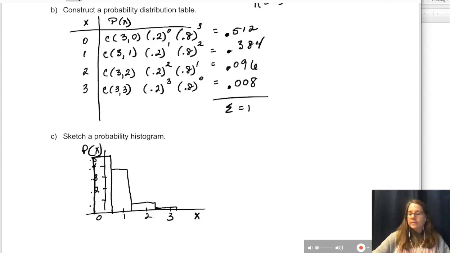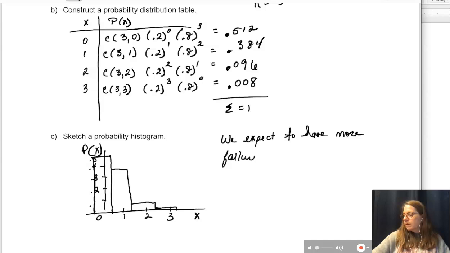In this case, we would expect to have more failures than successes, since the probability of success is closer to 0 than it is to 1.